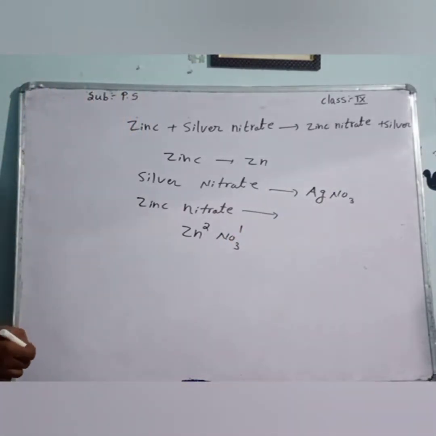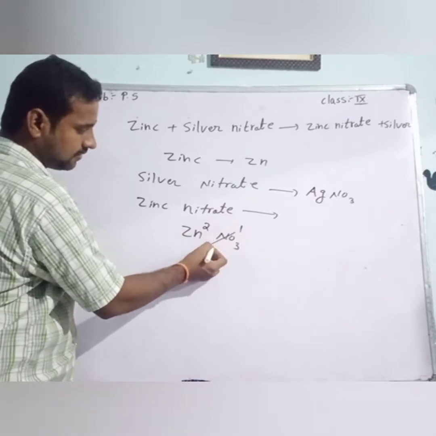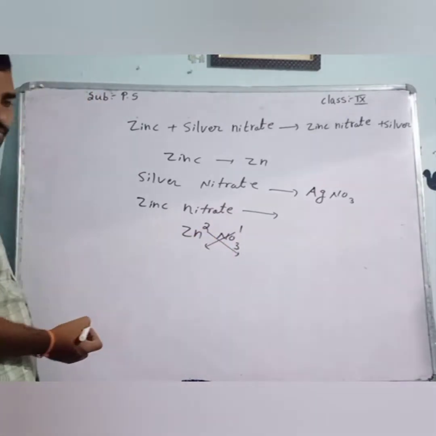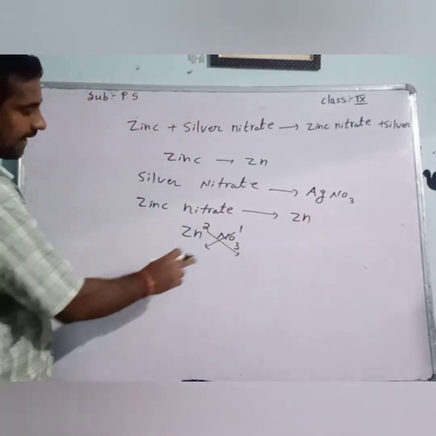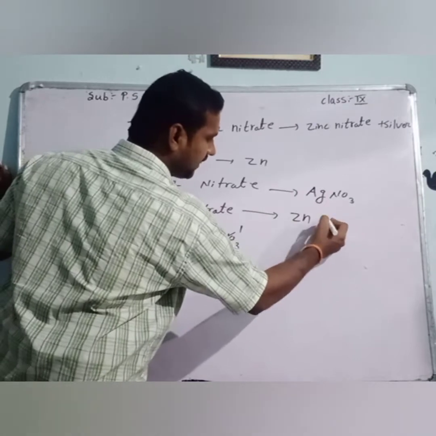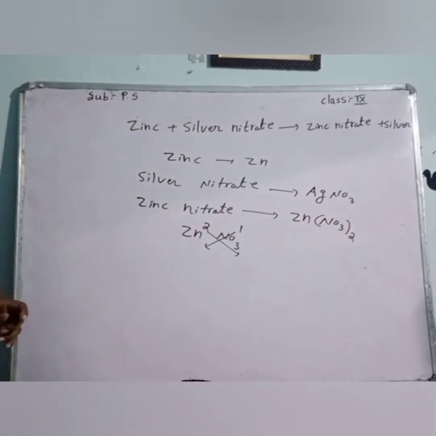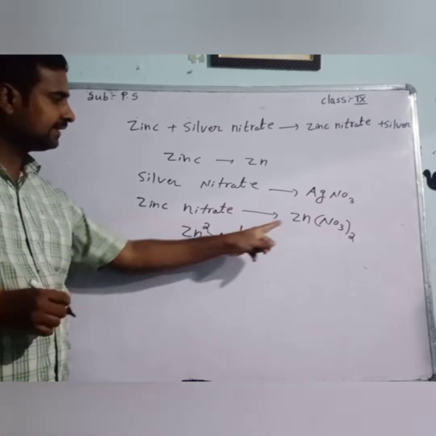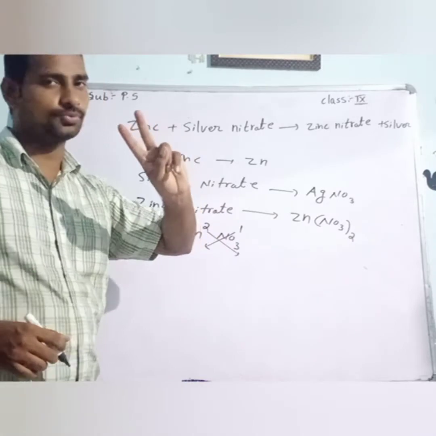Now the interchanging of the valency. So Zn 1 and NO3 2. So Zn is equal to 1 only and NO3 is equal to 2. So this is the formula for zinc nitrate. What is the formula for zinc nitrate? Zn(NO3)2. The 2 indicates twice.